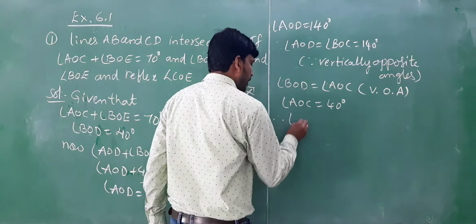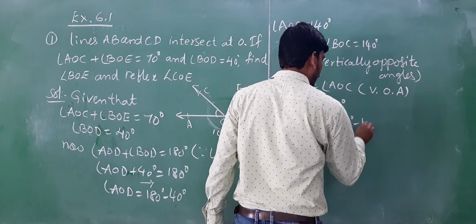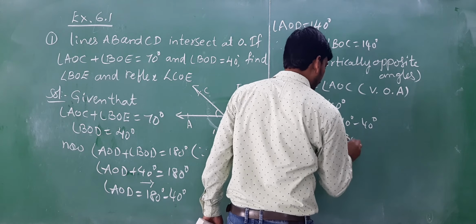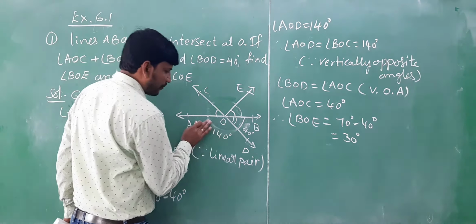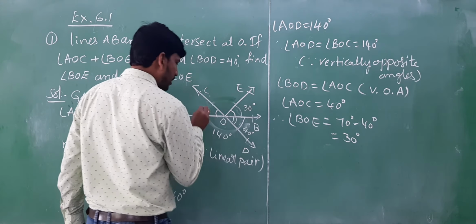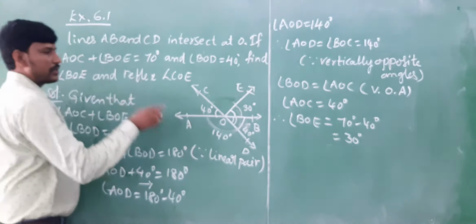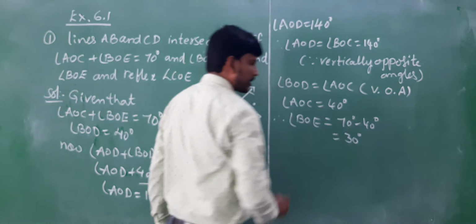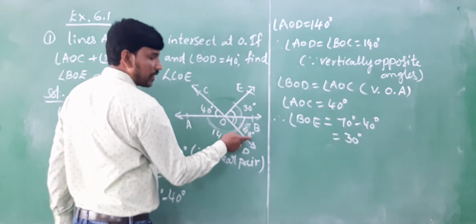Therefore angle BOE is equal to 70 minus 40, which is 30 degrees. Children, so here this is 140, this is 40, this is 30, this is also 40. Therefore angle BOE is equal to 30 degrees.